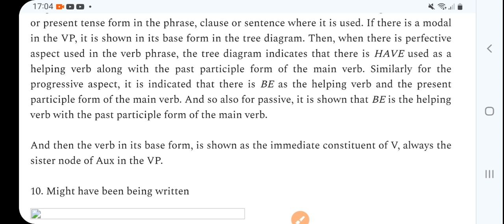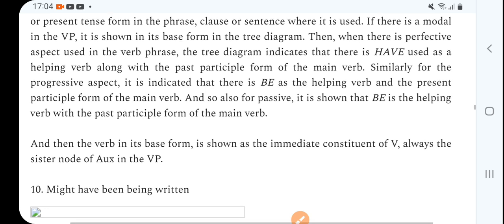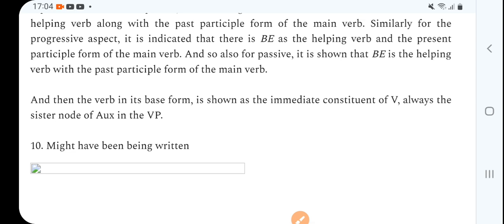Similarly, for the progressive aspect, it indicates that be is the helping verb with the present participle form of the main verb, and so also for the passive it is shown that be is the helping verb with the past participle form of the main verb. This is a grammar part, I think you all must be familiar. And then the verb in its base form is shown as the immediate constituent, always the sister node of the auxiliary in the VP.